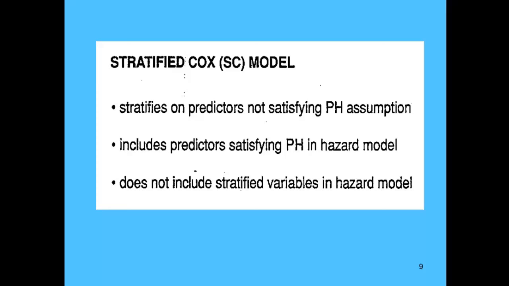It includes in the model those predictors that you decide are okay, that satisfy the assumption. Variables that don't satisfy it, you leave out. The variables that satisfy, you put in the model. So in a sense, all I've done at the bottom here is reiterate the fact that you're not putting the variables that don't satisfy the assumption in the model, you're stratifying on them. So that's basically what it is.